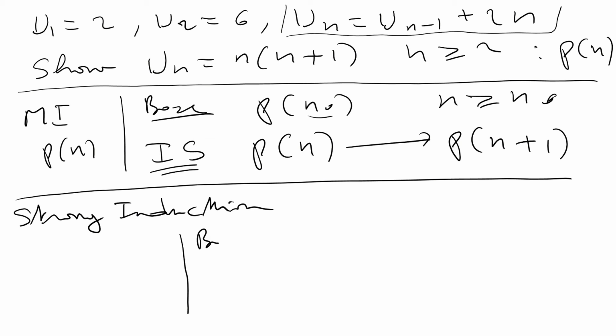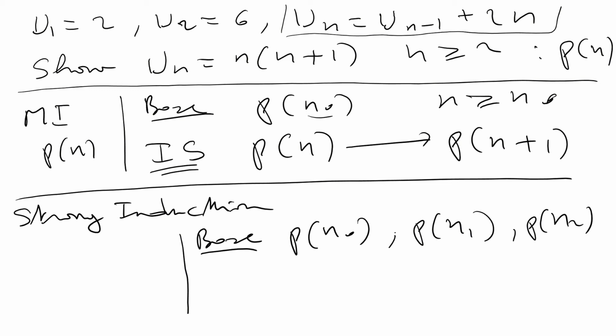So for the base case in strong induction, you check P of n0, you check P of n1, you check P of n2, depending on how many base cases you have. In this particular example, we have two base cases. So we have n0 equal to 1, and n1 equal to 2, because we have these two base cases. We don't need more in this case.